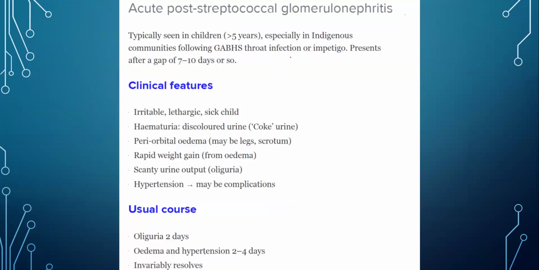Next, acute post-streptococcal glomerulonephritis, so PSGN. So all of you know about PSGN. This is common in children in indigenous communities.